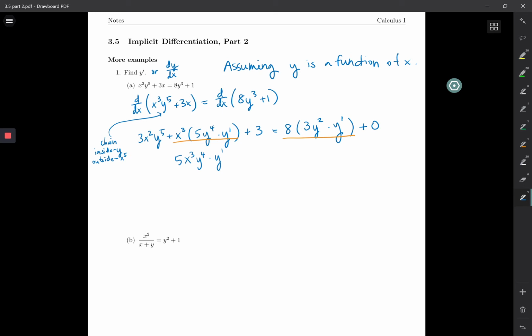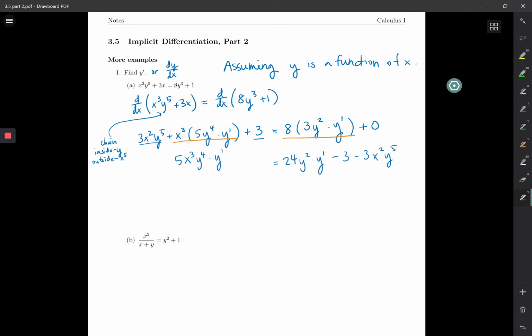And then taking both this term and this term to the other side, I'll simplify this right now. So that would be 24 y squared times y prime. So that's the term that's on that side already. And then we subtract 3 and also 3x squared times y to the fifth.